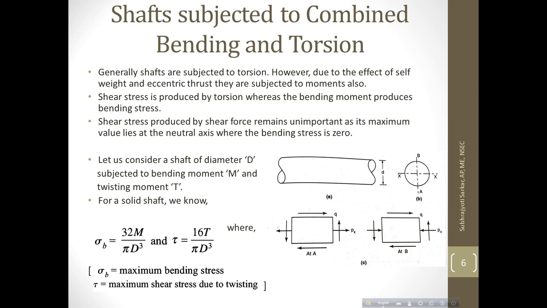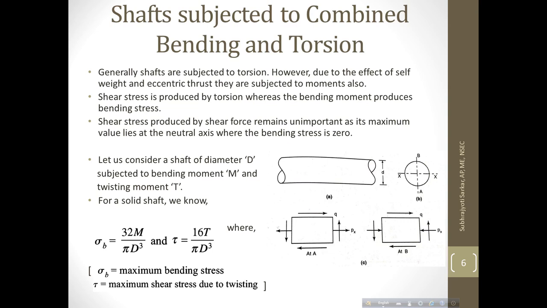At the neutral axis the bending stress is minimum or 0, but there the shear stress due to the shear force is maximum. So that is not important in this case. Rather, the forces present at the surface, that is at the circumferential level, the shear stress from torsion and the bending stress from the bending moment, are the most important part.